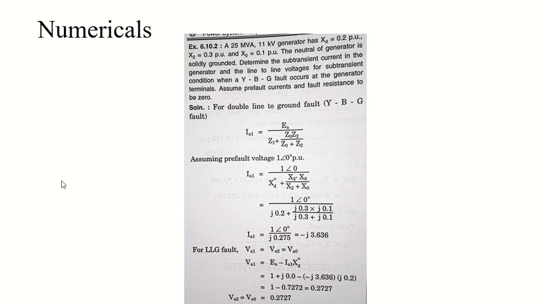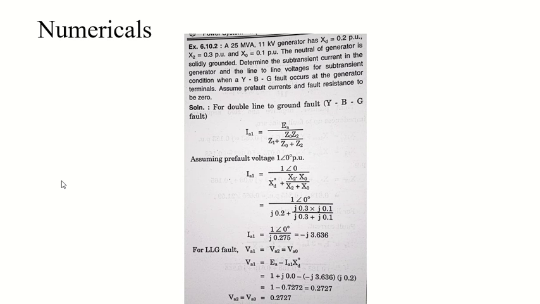So always remember, whenever you are asked to find the line voltages or line current at subtransient conditions when a YGB fault occurs at the generator terminals, you first have to calculate the missing current components, and then find the voltage components, and based on that you can find the fault current and the fault voltages as well.